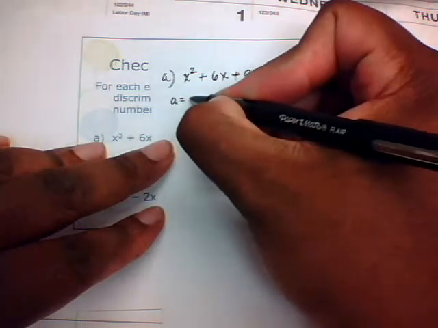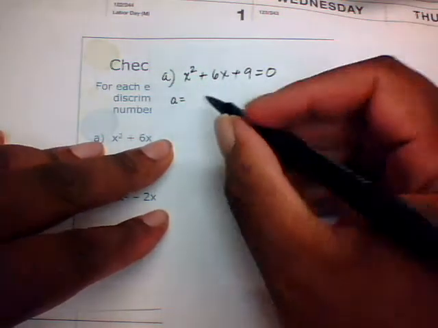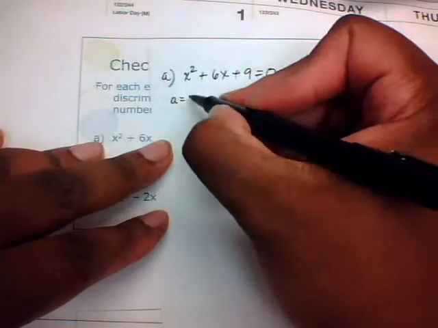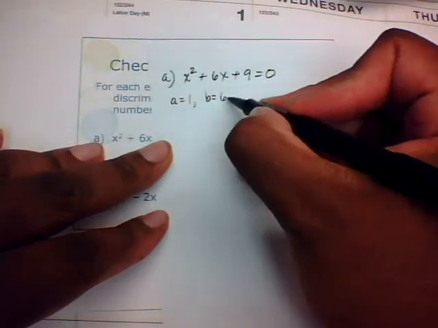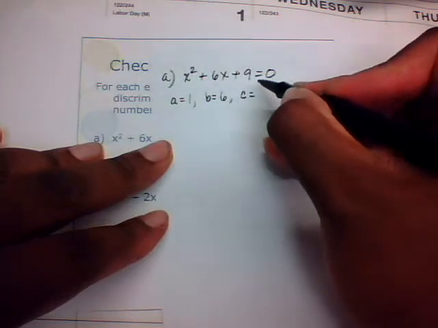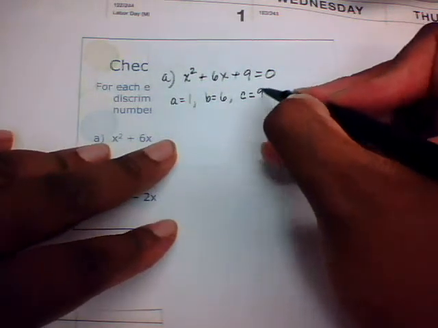Well, we need to identify a, b, and c. a is the number that's in front of the x squared, that's going to be 1. The b is the number in front of the x, that's 6. And c is that constant, that's going to be 9.